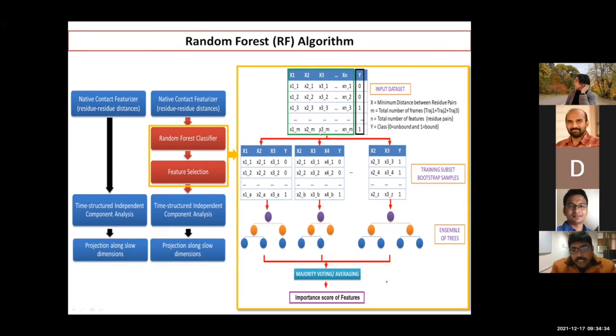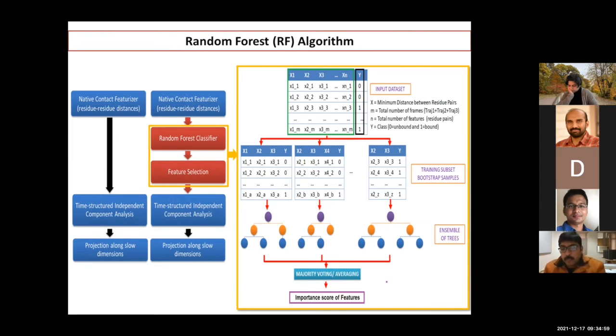Then we provided these input features to the random forest classifier. It did bootstrapping, generated the samples, built decision trees, and from the voting of the trees it got the final model. In this process, it also provides a score for features, the importance of each feature in the model.